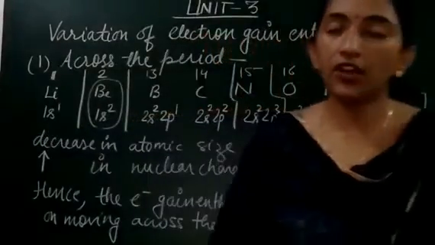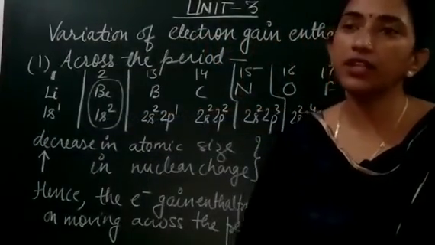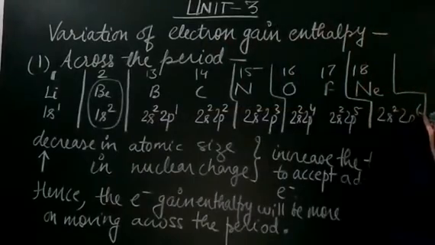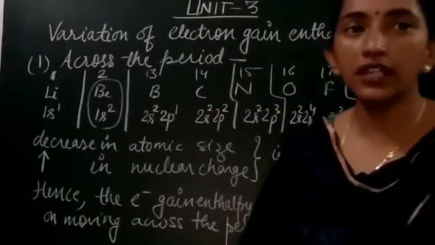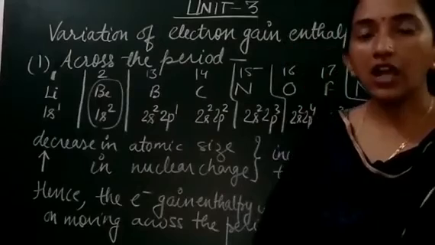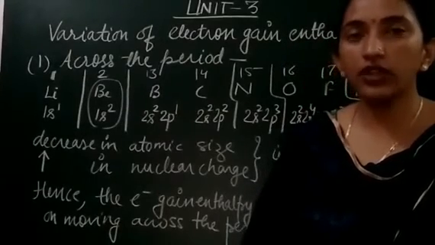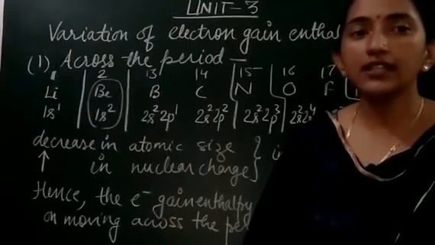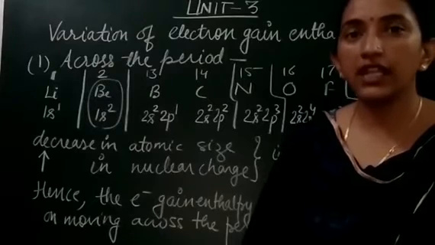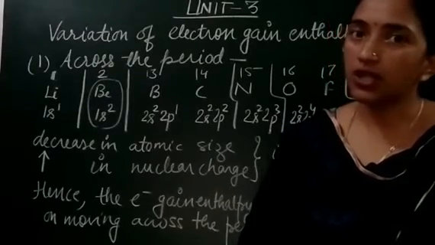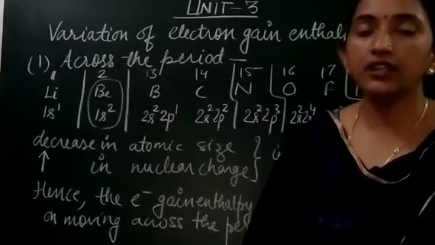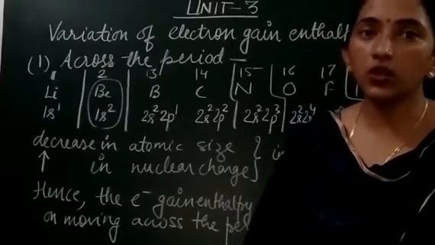It means that across a given period, which group will be having the highest negative electron gain enthalpy? It will be the halogen group, that is group 17, due to their smaller size and due to their greater nuclear charge.